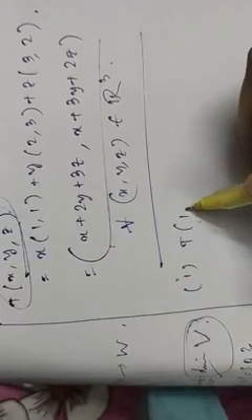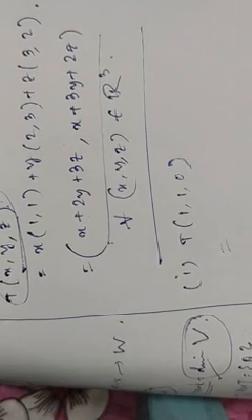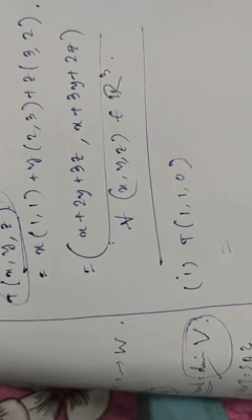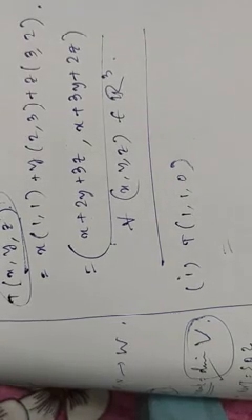So check question number 1: find T of (1, 0, 0), (1, 1, 0). Now just put in the values. So T(1, 1, 0): we have to put x equals 1, y equals 1 and z equals 0.